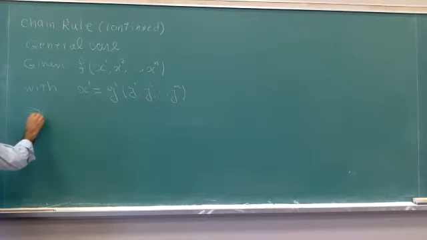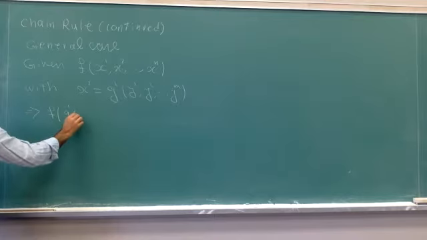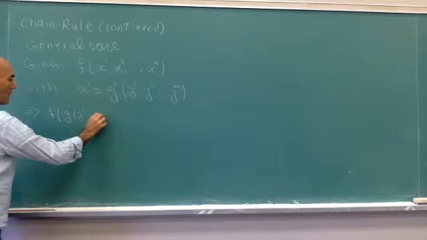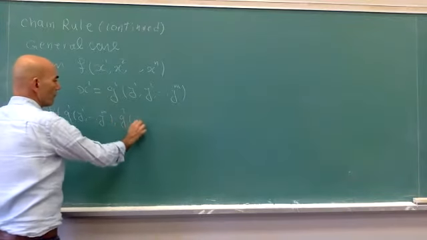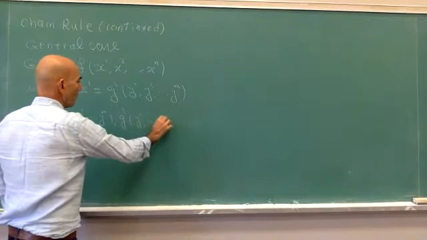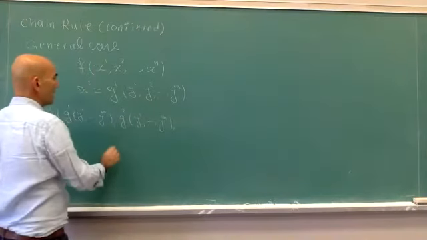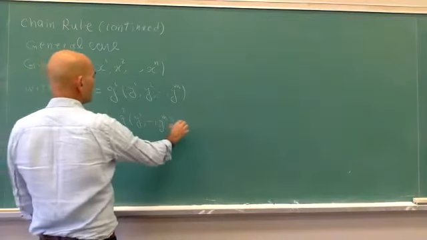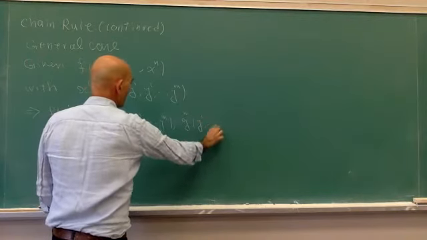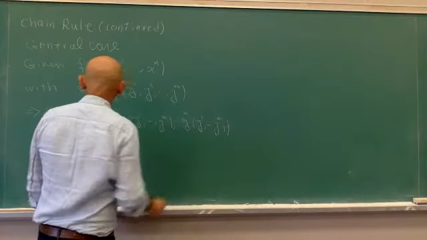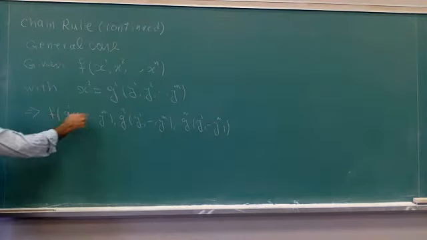So this gives you f of, say, g1 of y1, ym, g2 of y1, ym, and then gm of y1, ym. Now, mind you, these are not powers, right?